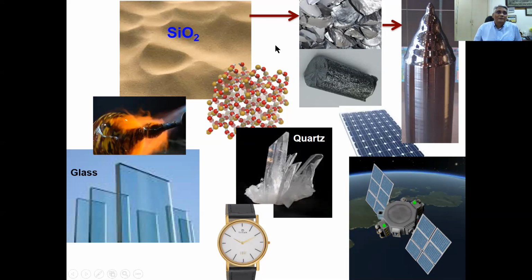This slide so beautifully summarizes the examples pertaining to SiO2, all the way from beach sand, how you get glasses, the importance of quartz in many devices, including watches, and you get silicon out of silicon dioxide, and go all the way in making high quality solar panels.